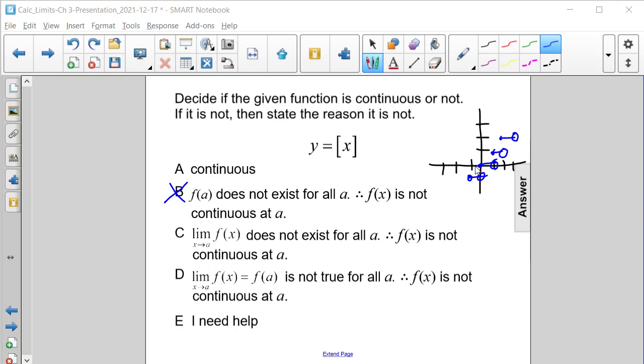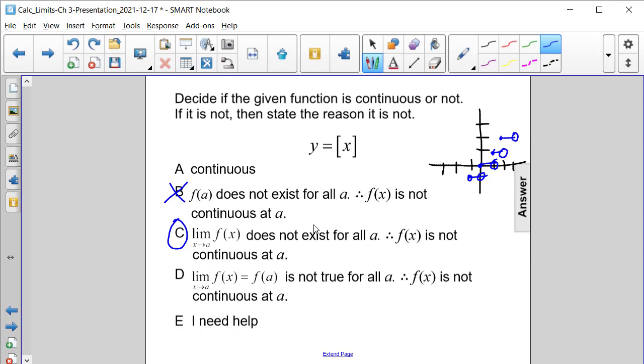So we can see that the limit of f of x as x approaches a does not exist for all a values in the function. At every single integer value, that's where the discontinuity occurs. So the answer to this question is C.